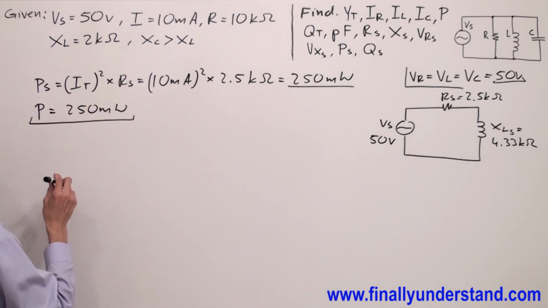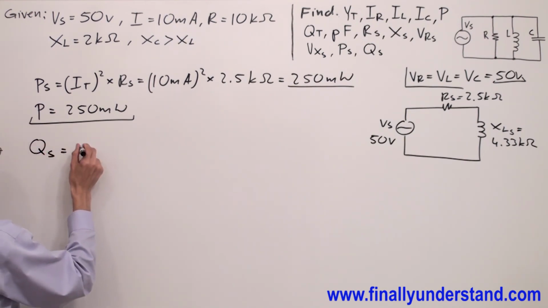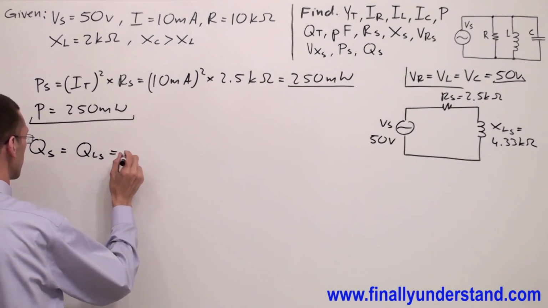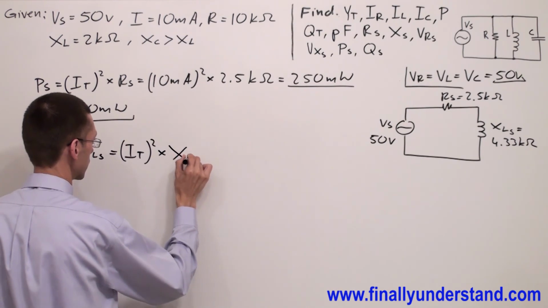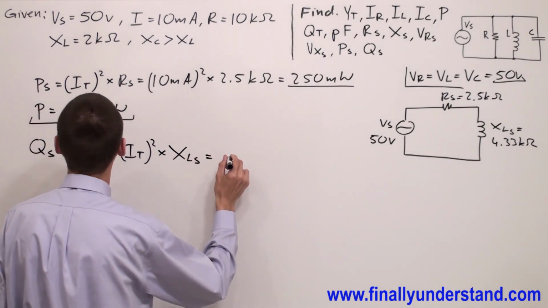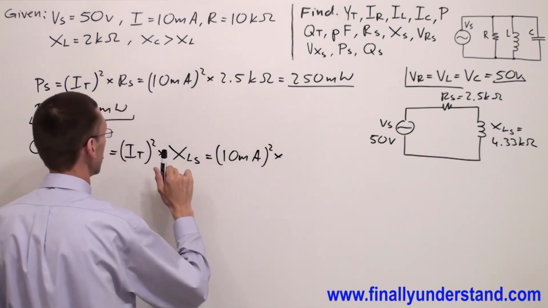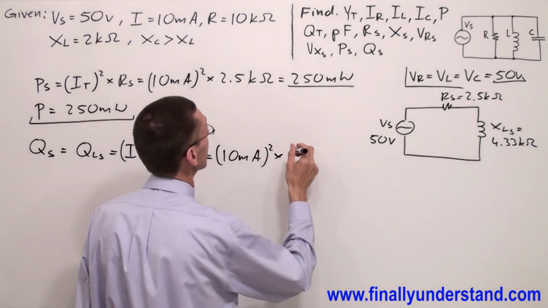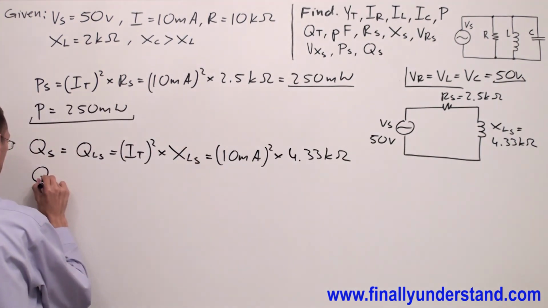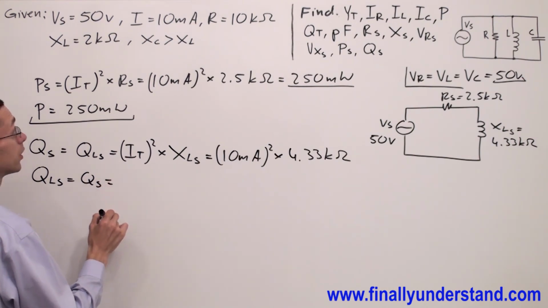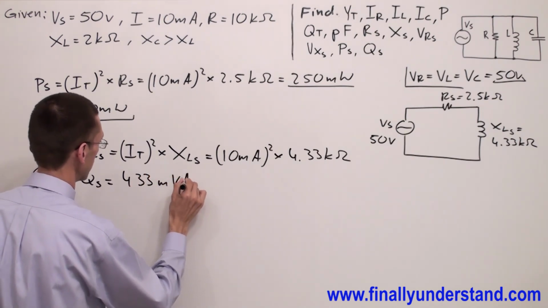Next we're supposed to find the reactive power in the series equivalent circuit, Q S. We know that this is going to be Q L S, equal to I total raised to the second power times X L S. So I have I total, 10 milliamps, raised to the second power times X L S, which we got as 4.33 kiloohms. So Q L S, which is equal to Q S, is equal to 433 millivolt ampere reactive.